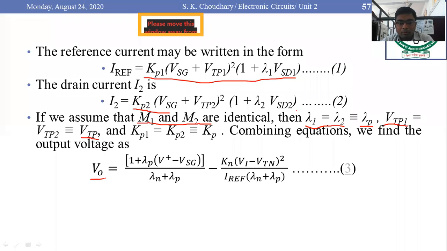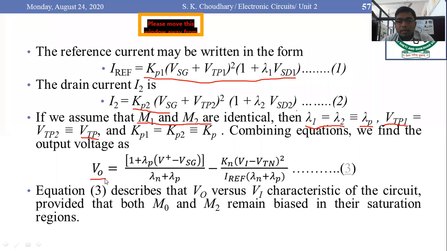So now you have to directly note it down. If you see equation number 3, it describes the V0 versus Vi relationship. So here you can see V0 is related to Vi.